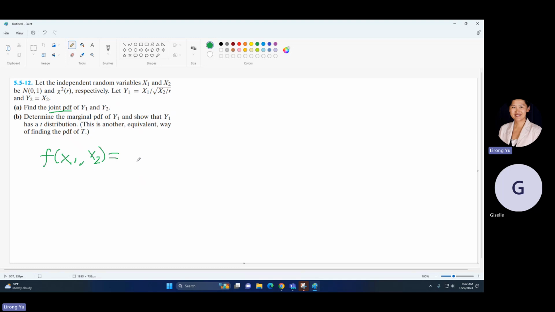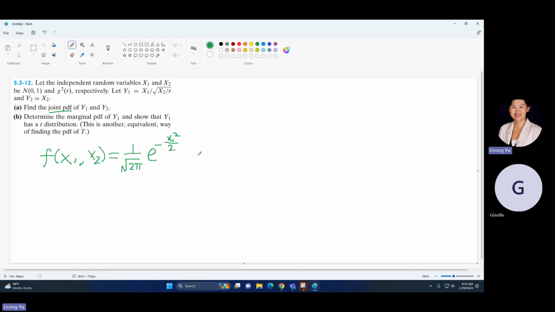So you would write the density for X1, which is normal, so it's 1 over root of 2 pi. You can go to section 6.3 to confirm, but the density function for the standard normal distribution is 1 over root of 2 pi, e to the negative X1 squared over 2.